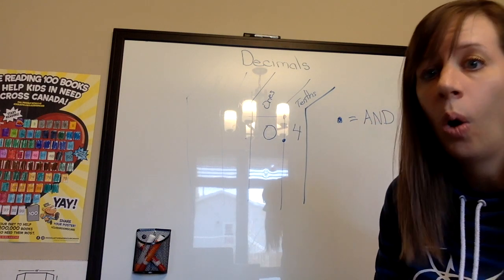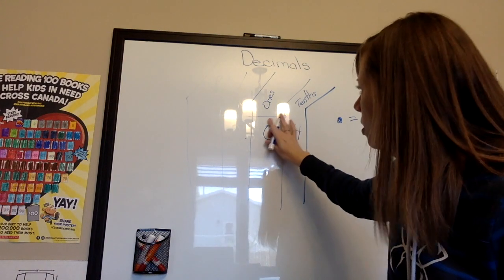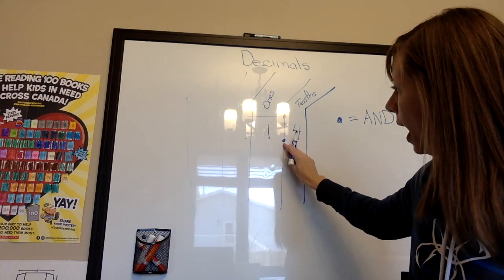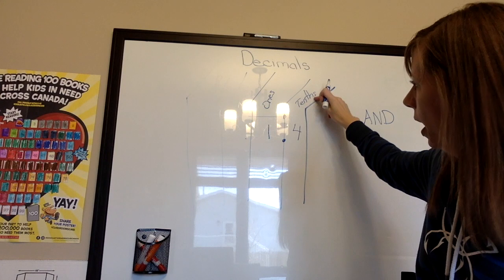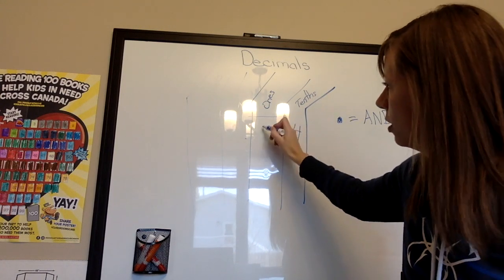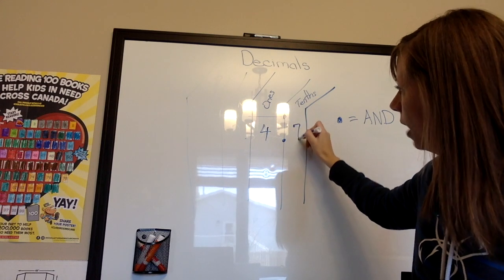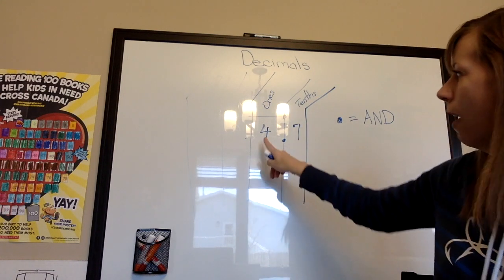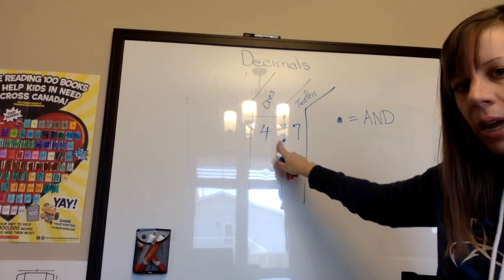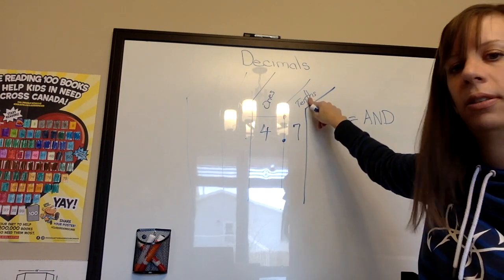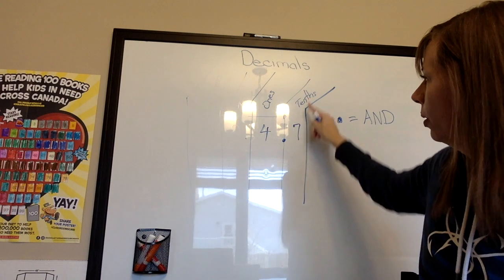Okay, always. So if I change this to a 1 and 4/10. If I change this to a 4 and I change this to a 7, I would say 4 and 7/10. Okay, I'm going to do a few more here.